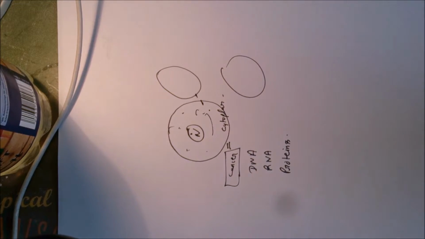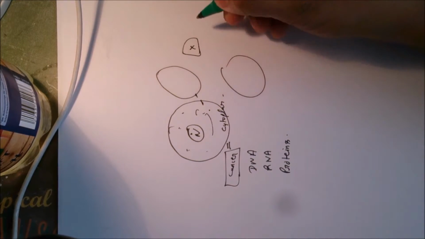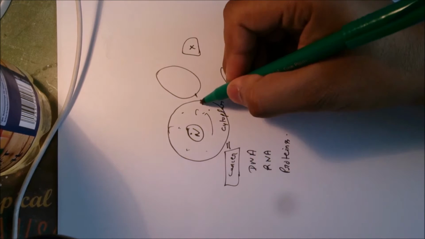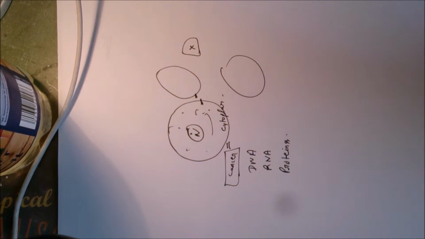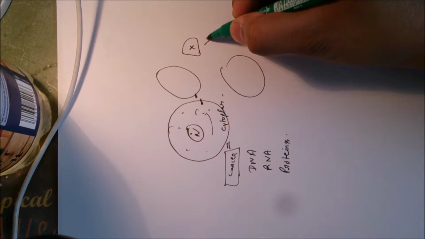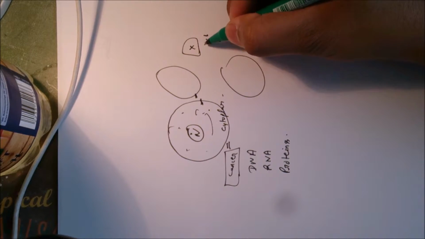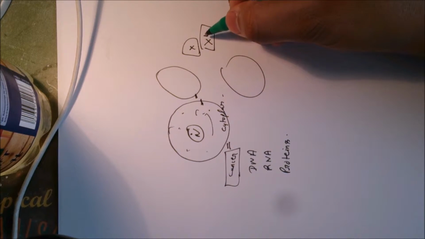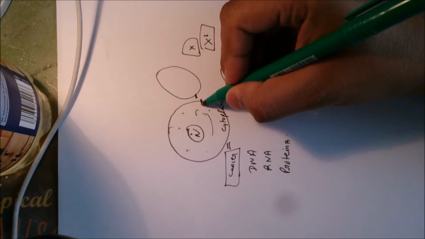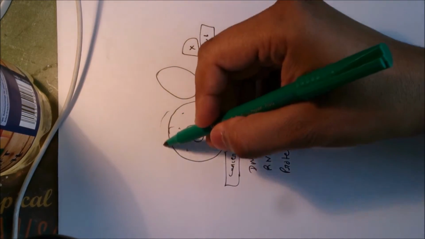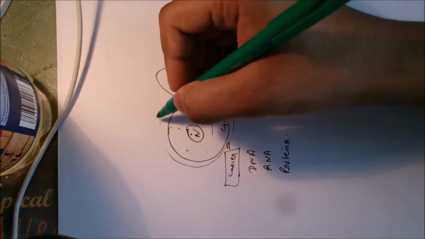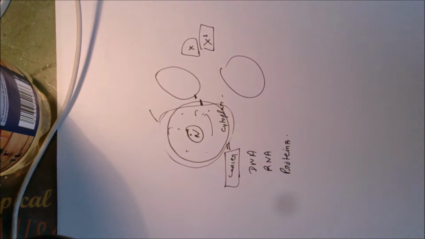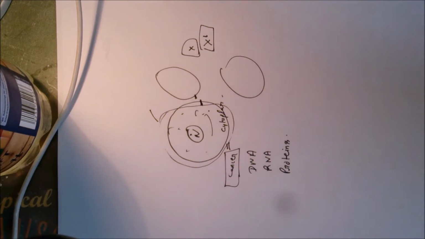So let's say there's a protein X which functions in cell-cell interaction here, but due to some mutation this X protein is converted into X prime. Now this mutant protein cannot function anymore, so the cell-cell interaction is lost, and the cell is in danger. Either it will be degraded, or destroyed by apoptosis or other means.